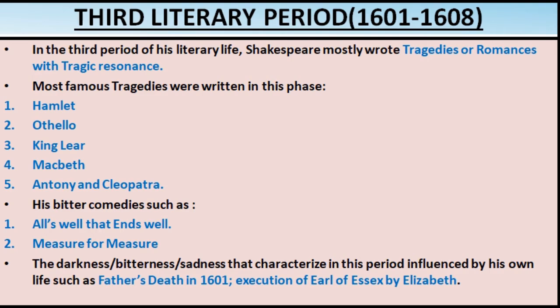Most of the tragedies as well as the romances were written in the third literary period, and the time span was 1601 to 1608. The next, very important point is that Shakespeare's most famous tragedies were written in this phase.